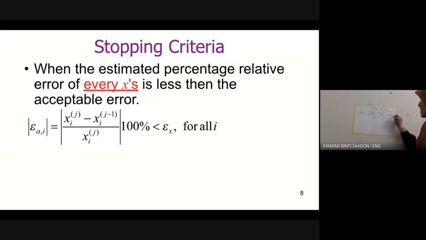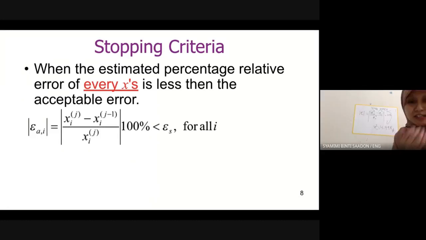The solution is x12, 4.998. This is the solution, because the error between the current iteration and the previous iteration is less than 10%, or 1%, 5%. So we stop, and the program will stop.